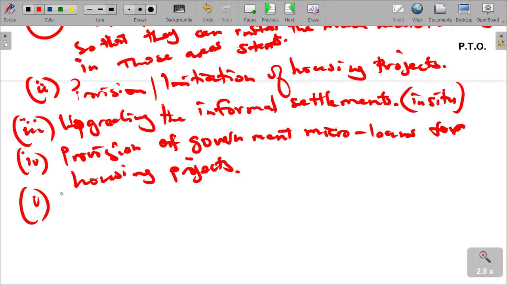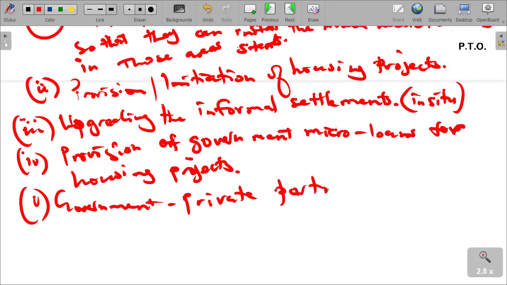We can also talk about partnerships with the private sector, government-private partnerships. These partnerships will help in terms of infrastructure development.